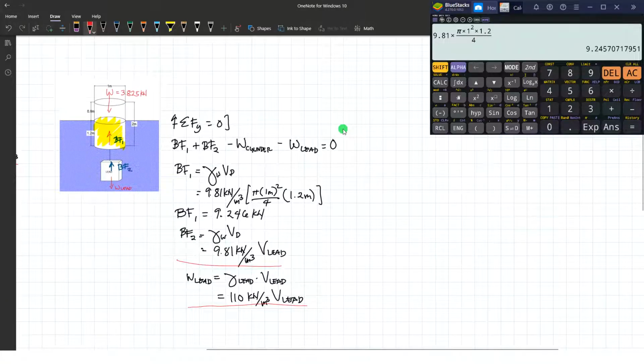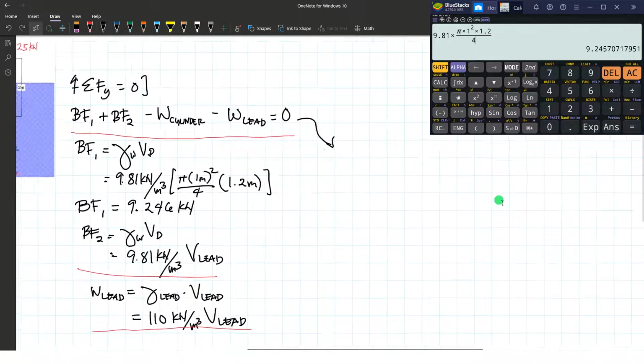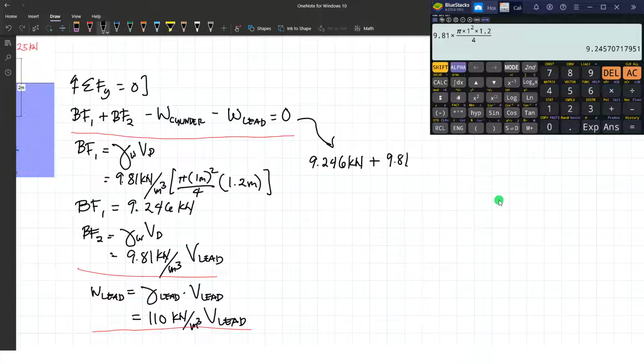And from this one, we substitute now the computed values. So BF1 is 9.246 kilonewtons. BF2 is 9.81 kilonewtons per cubic meter multiplied by the volume of the lead minus weight of the cylinder.